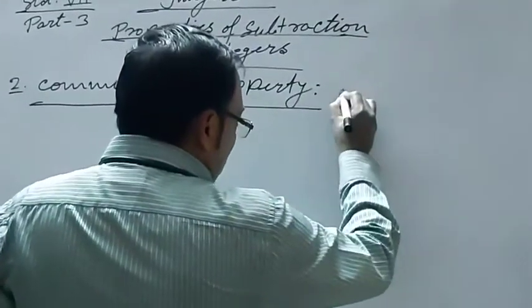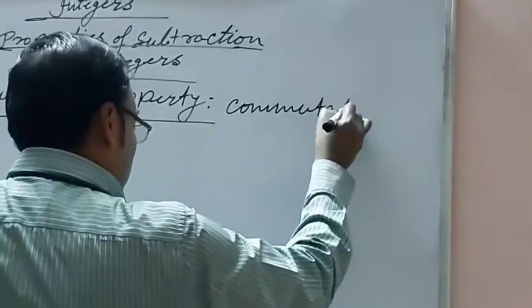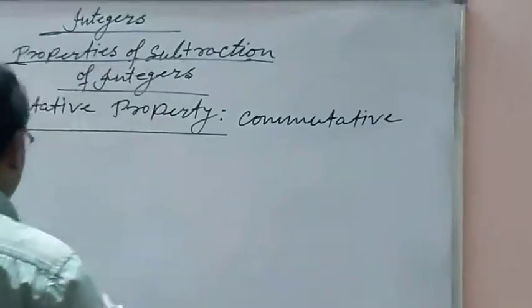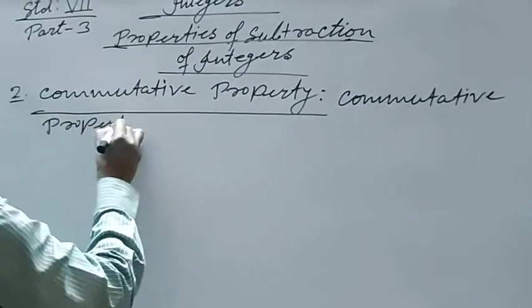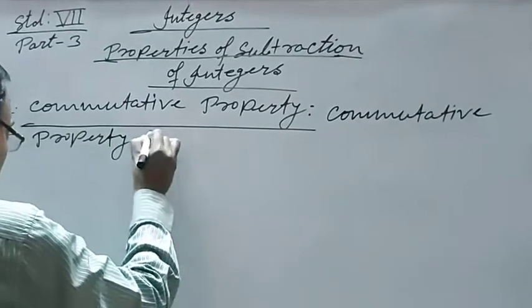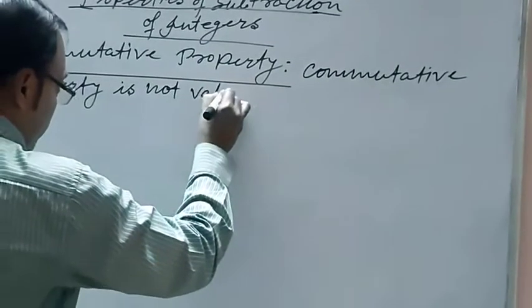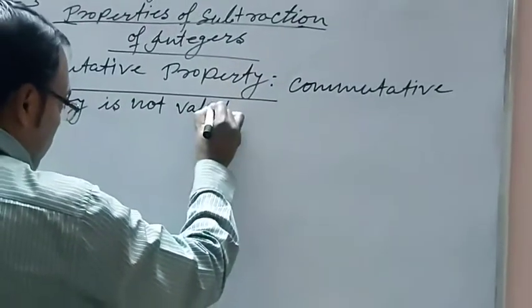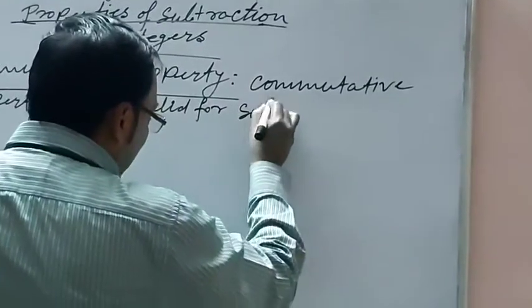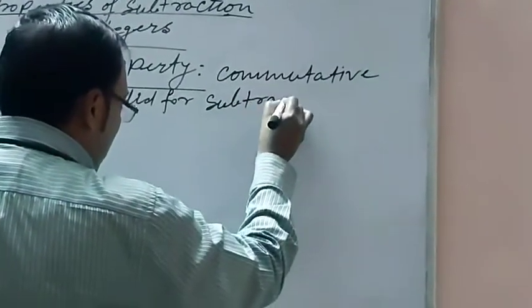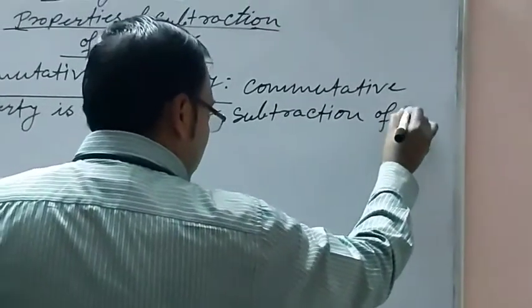So, commutative property is not valid for subtraction of integers.